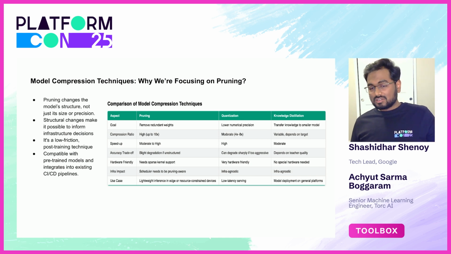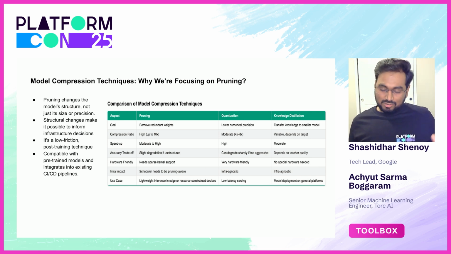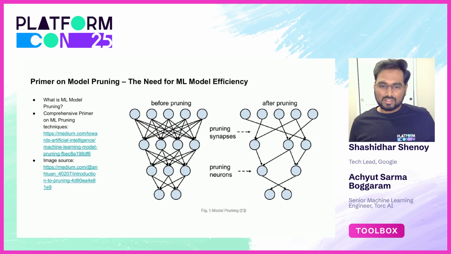But the throughput gains are very good, and the compression ratio is very, very high. And this is generally applied either during training, before training, or post training. And there's a lot of very interesting theory that has come out in recent years. So let's check that out.